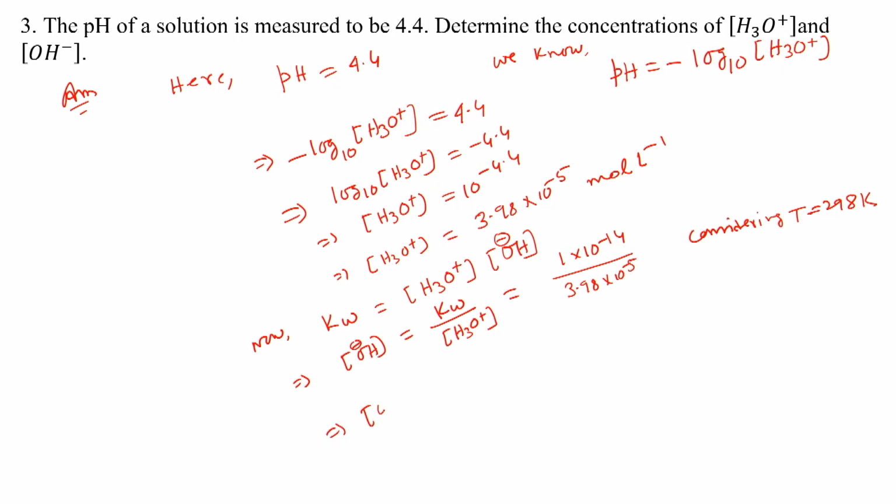So we get concentration of OH minus is roughly 2.5 times 10 to the minus 10 moles per liter.